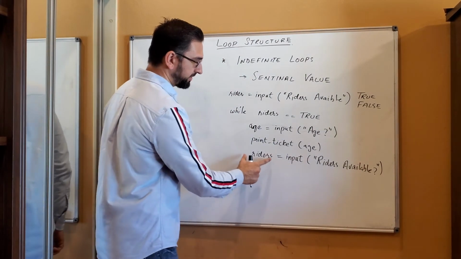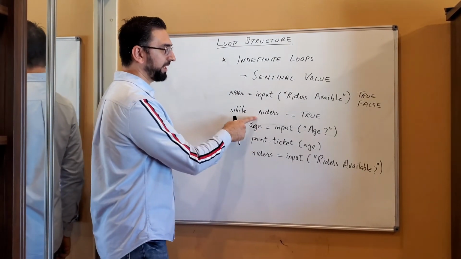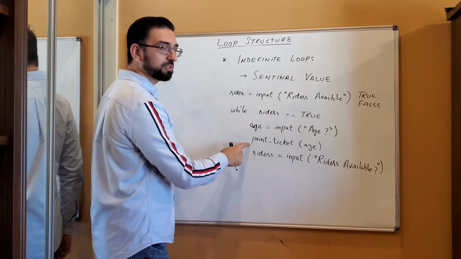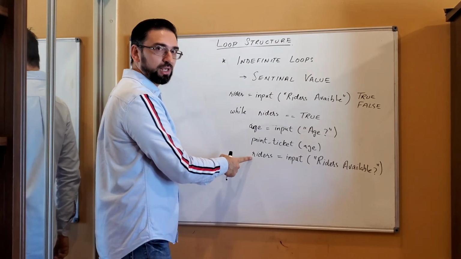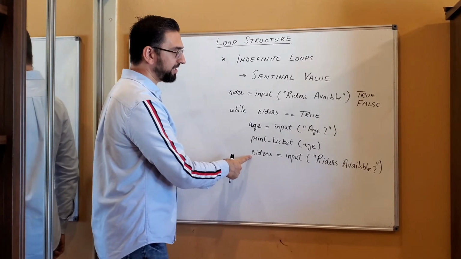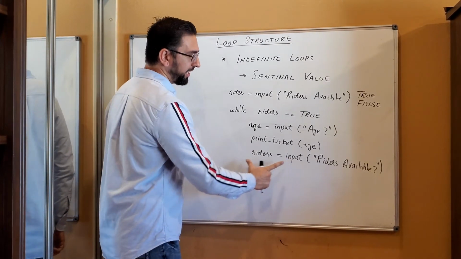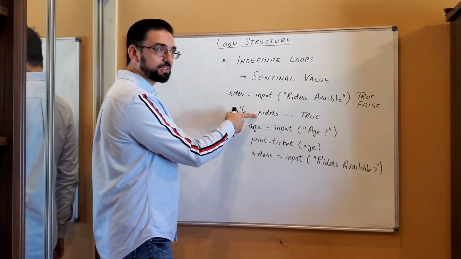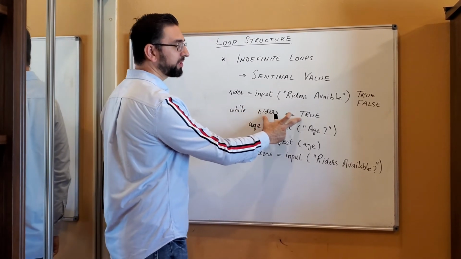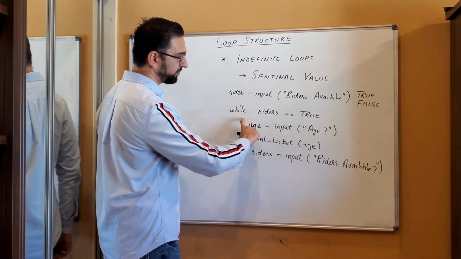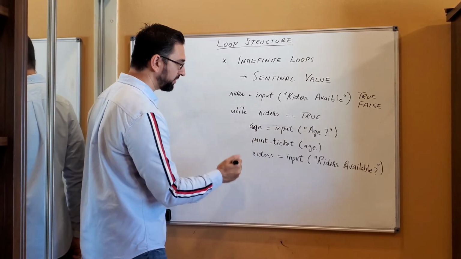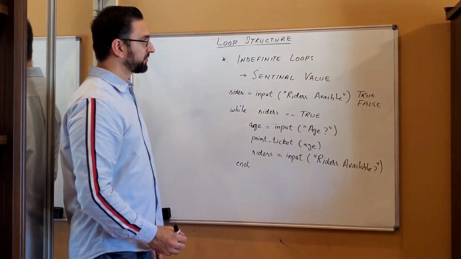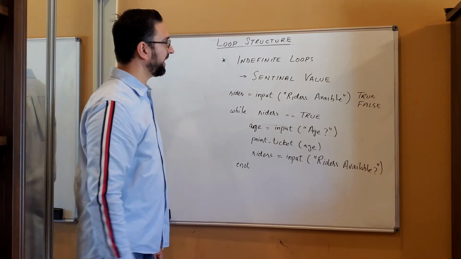If the person enters true, it will evaluate this condition to true and execute the task, come here again and ask the question again. Now let's say we have processed all the riders. He will enter false, so this condition will evaluate to false, and these tasks will not be executed and the while loop will exit. So that's how you implement indefinite loops.